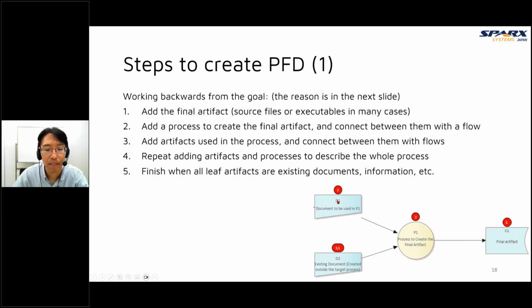So try to consider this document D1. So add the process, connect between them, and we think what necessary information is needed to create this document D1, and so on. But if an artifact is existing or created by a different process, we don't need to add the process.